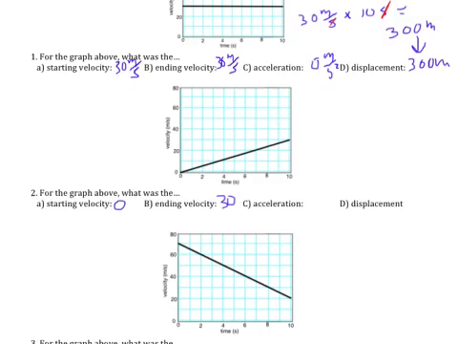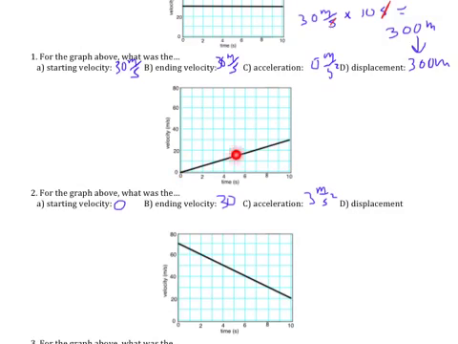So if I say 30 divided by 10, what I get is an acceleration of 3 meters per second squared.